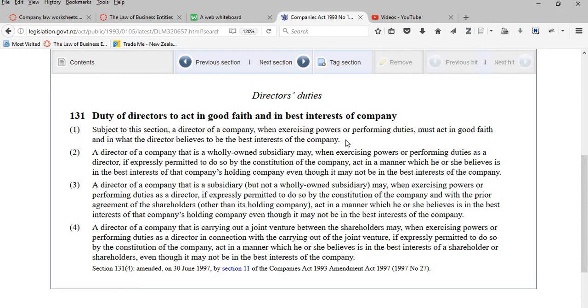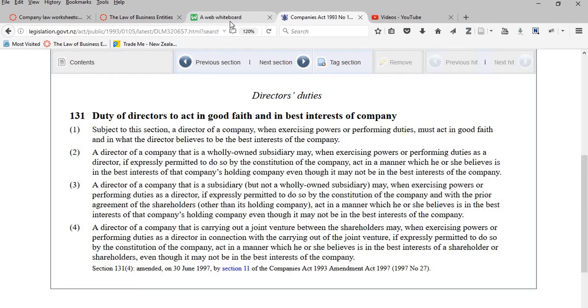So that's things that will advance the company's interests rather than their own, and they must have a reasonable belief. Now, if we notice underneath here, we have this issue of subsidiary and wholly owned companies.